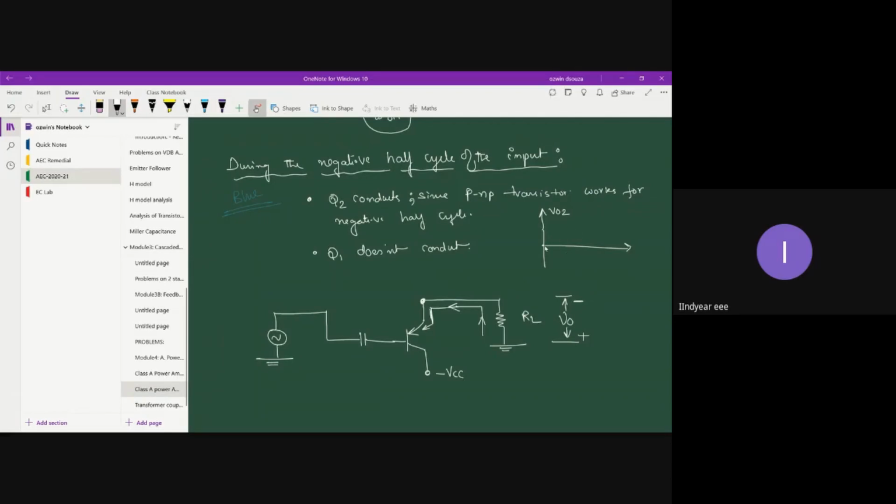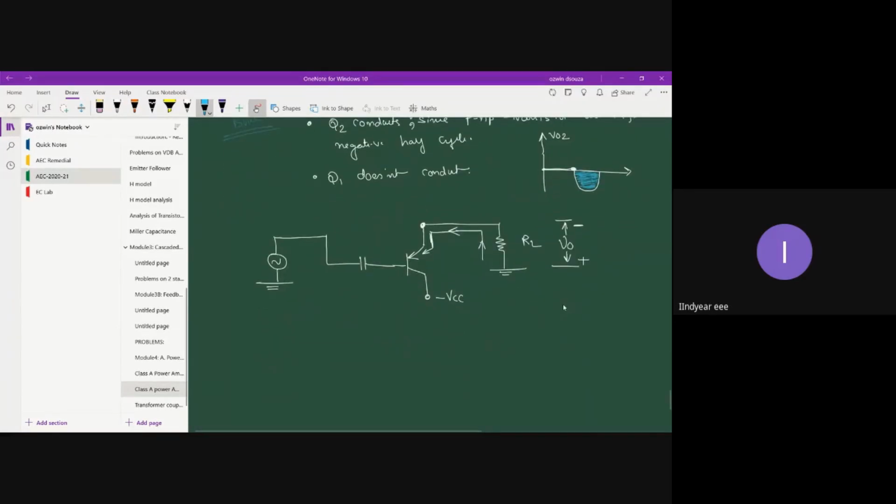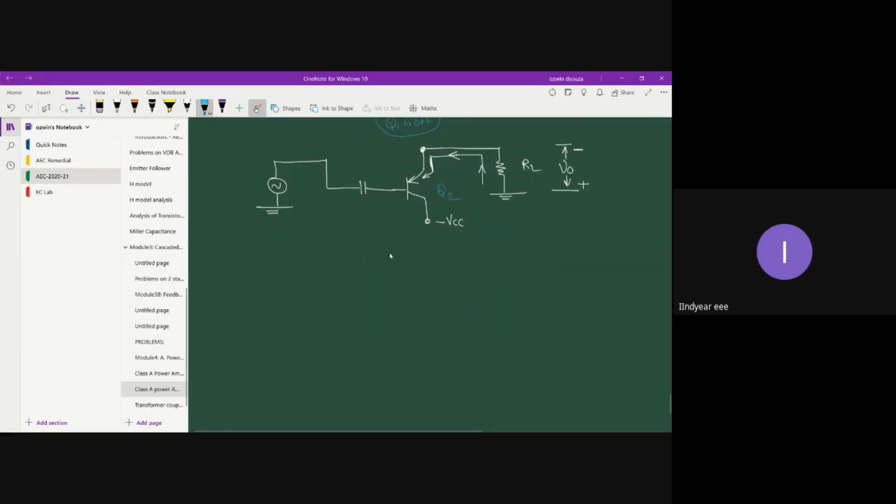So what I will do, I will shade it with this, because the blue color I have used to show the negative cycle phenomena. Okay, so this is the equivalent circuit. So Q2 is under operation, Q1 is off. All right, so that's the operation of class B complementary symmetry transistors.